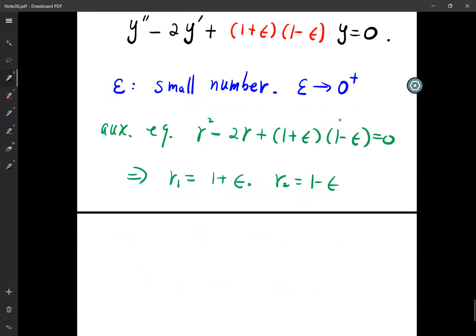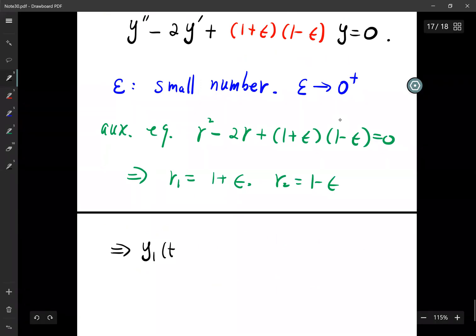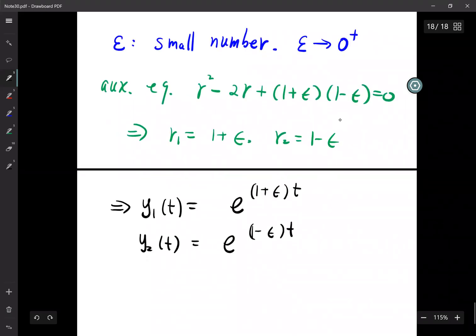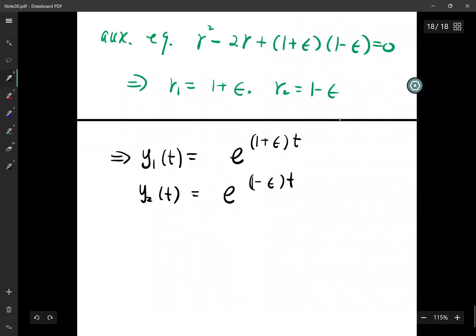I know that the solution would take the form y1(t) equals exponential (1 plus epsilon)t, and y2(t) equals exponential (1 minus epsilon)t, forgetting about the c's. And they are linearly independent because they have exponential growth but with a different growth rate.